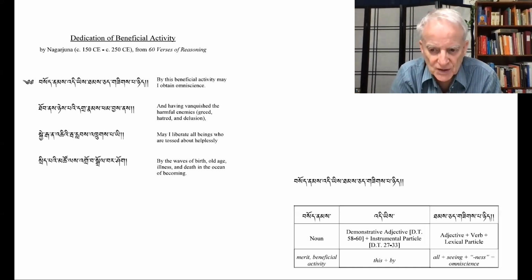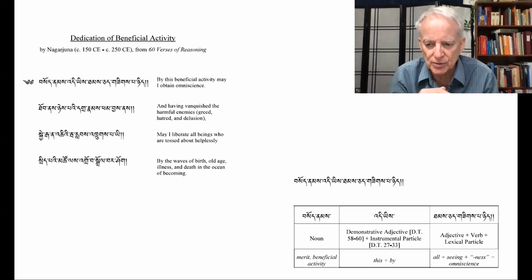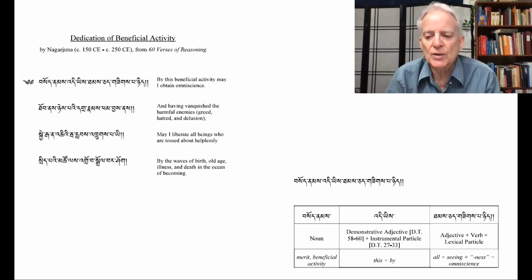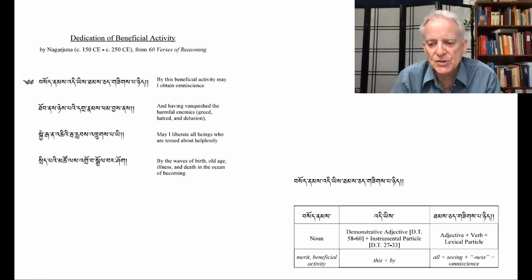That's a pretty good translation, I think, because omni means all in Greek, and science comes from the Latin root scio, to know. So it's an all-knowingness, but all-seeingness in English. Maybe. So omniscience really means all-knowingness. I don't know if we have a word all-seeingness, but that would be a little bit more literal. But I think omniscience gets the meaning.